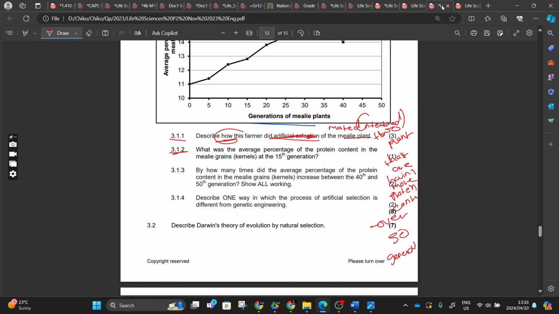Number 3.1.2: what was the average percentage of the protein content in the mealy grains, the kernels, at the 15th generation?